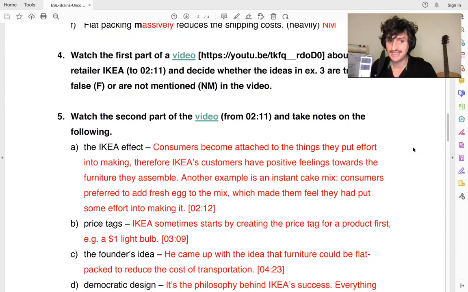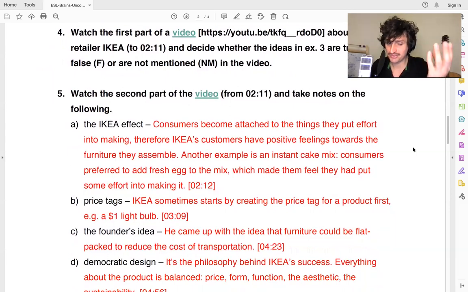Interesting idea. Now, the founder's idea, the founder is the person who founded the company. Doesn't mean to find, it means to found. It's to start the company. He came up with the idea that furniture could be flat packed to reduce the cost of transportation. So basically, transporting goods and services is extremely expensive, and it's becoming more expensive now with a high cost of fuel. Okay, so this is a big issue.